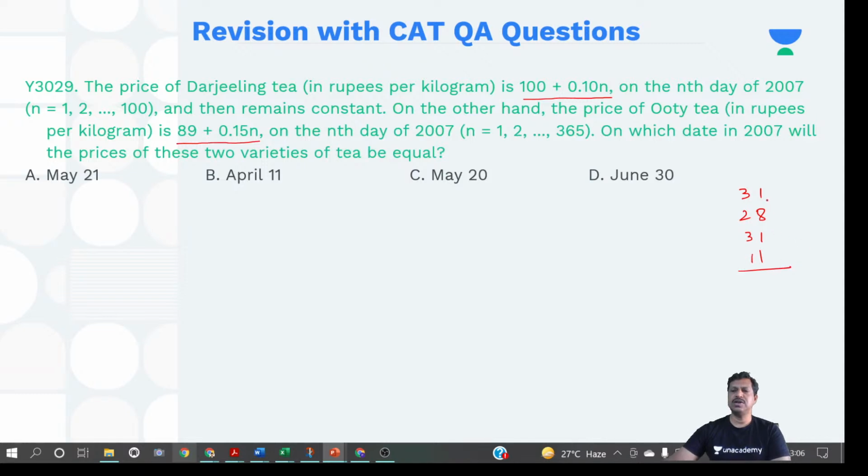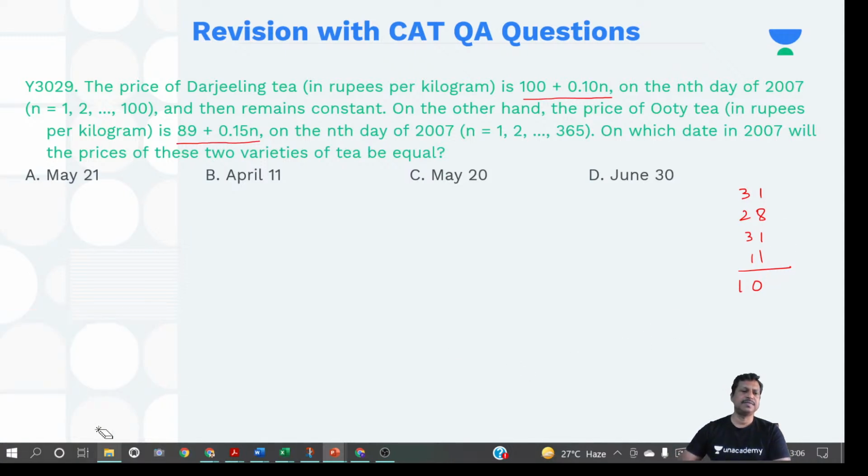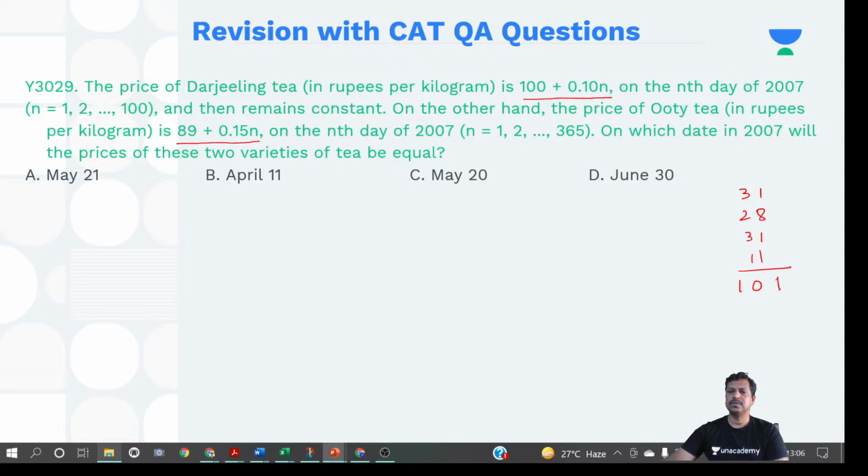So how many days in total? 31 plus 28 is 59, plus 31 is 90, plus 11. So the minimum is 101.